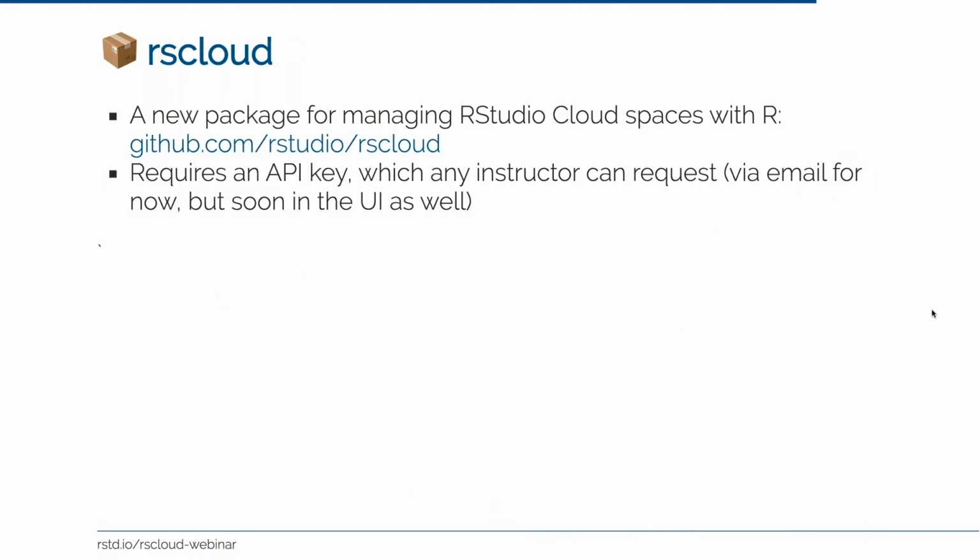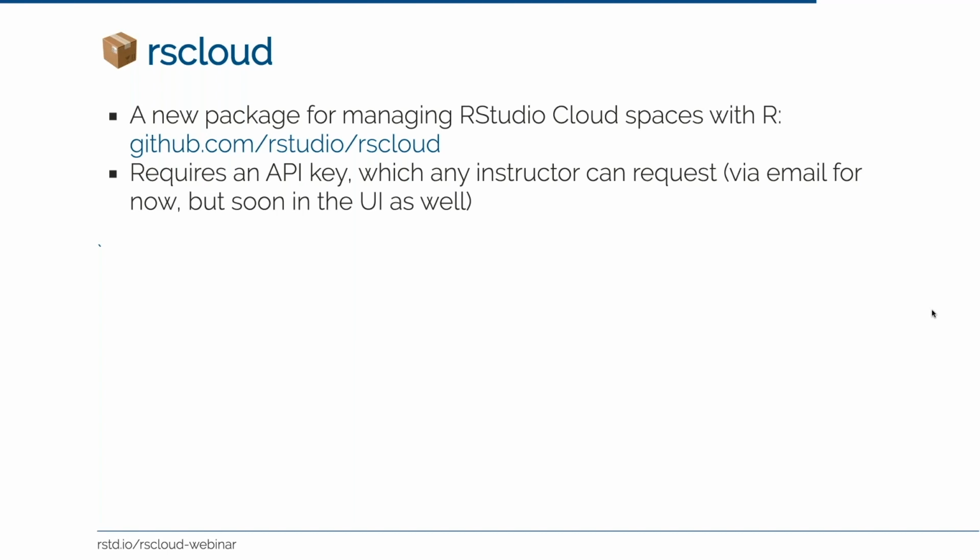And we also have a package called rscloud that is for managing RStudio Cloud spaces with R. It currently requires an API key, which any instructor can request. Currently, you need to do that via email to support@rstudio.cloud, but soon you'll be able to do so in the UI as well.